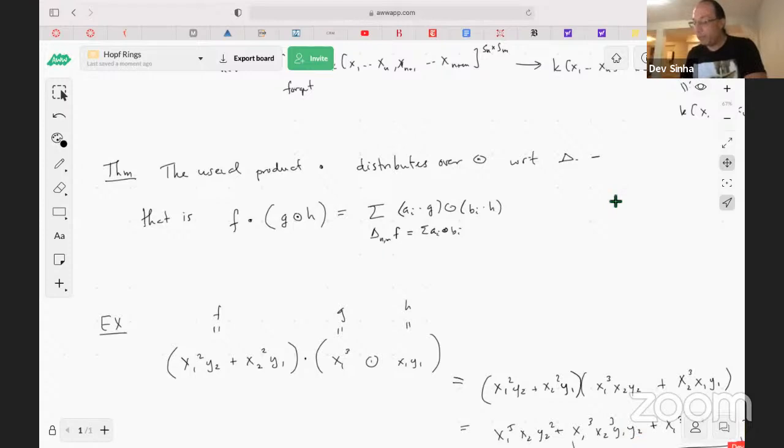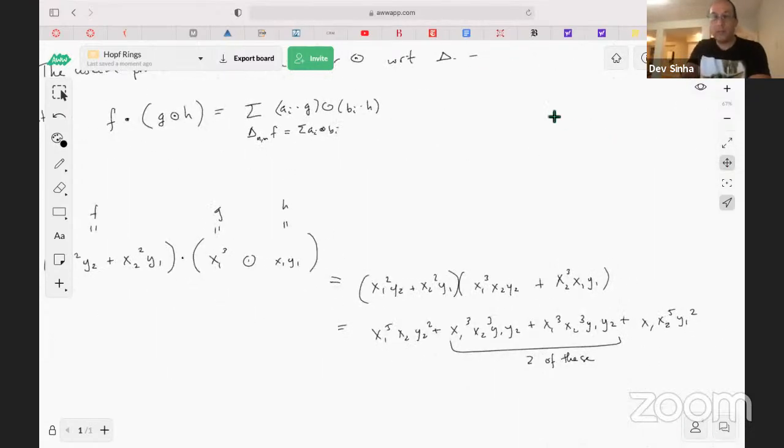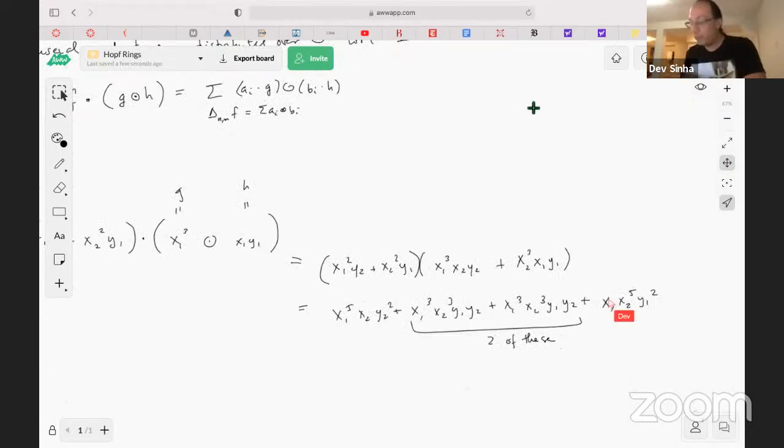And these are the same, so I really have two of these. All right, let me scroll so you can check my arithmetic. Great. So that's one way of doing this calculation.